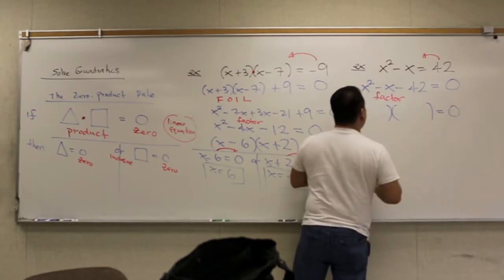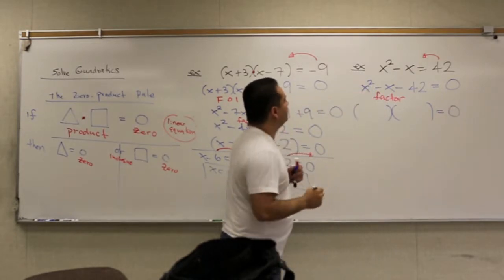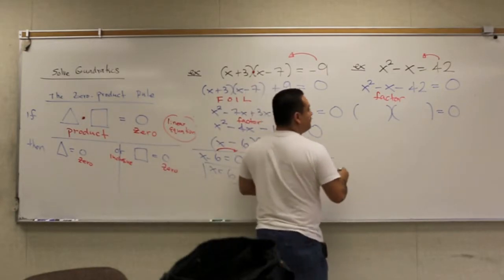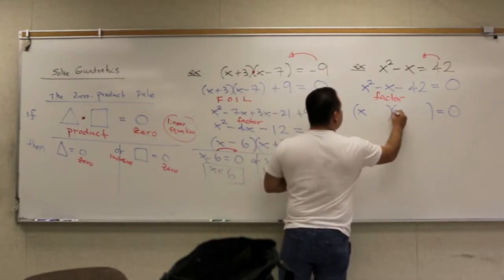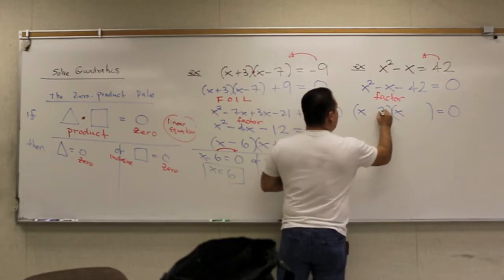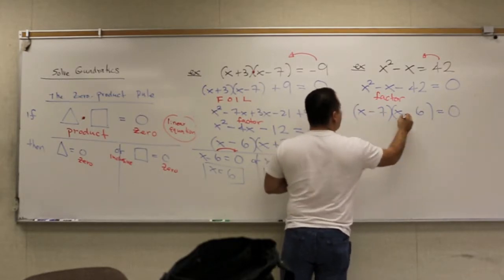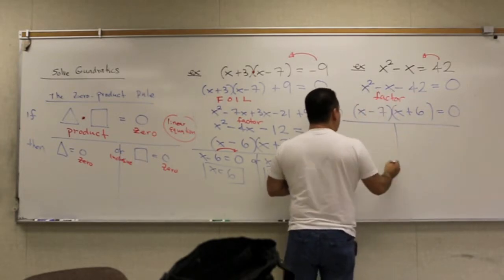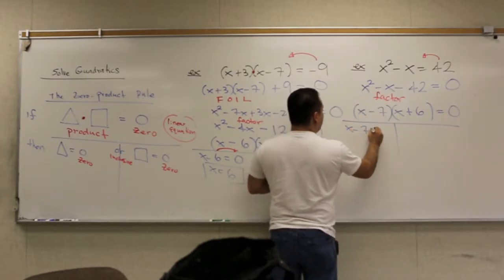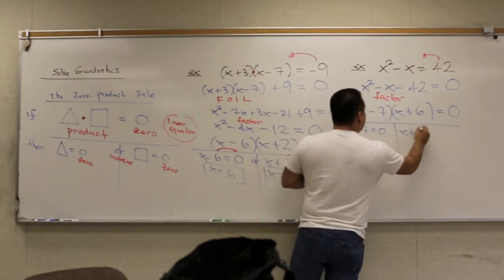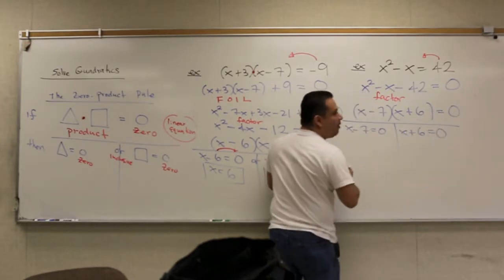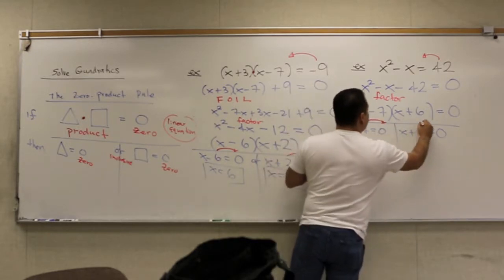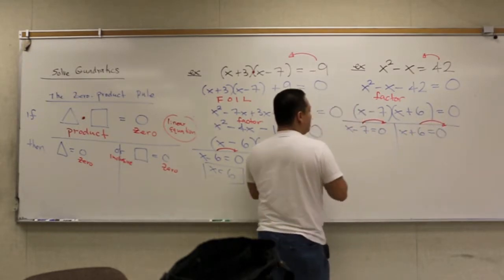Let's see what you got. What do you guys know? What is this going to be? 7 and 6. Negative 7 plus 6. Okay, good. X minus 7 is 0. X plus 6 is 0. What are you going to do now? Translate your 7. Translate your 6.